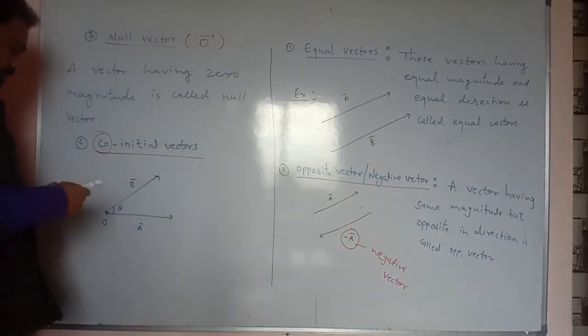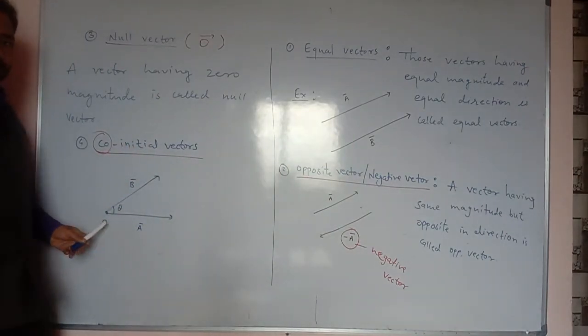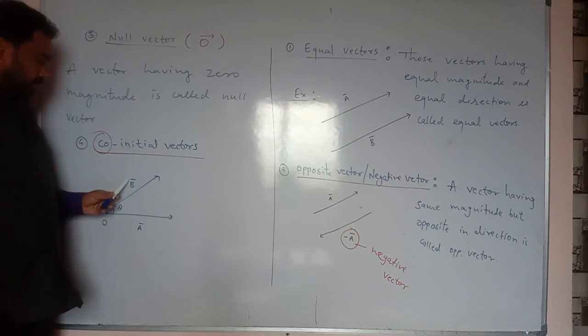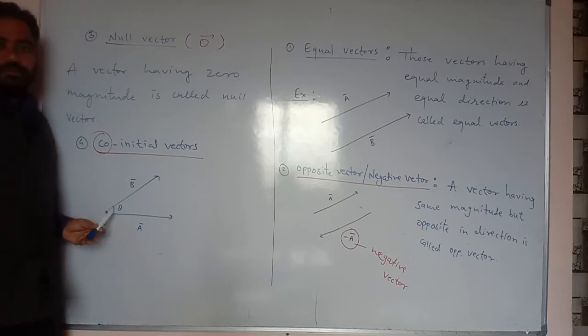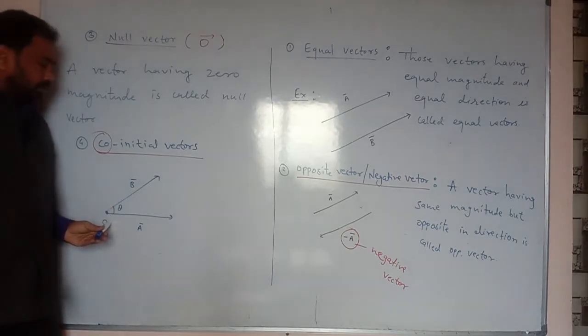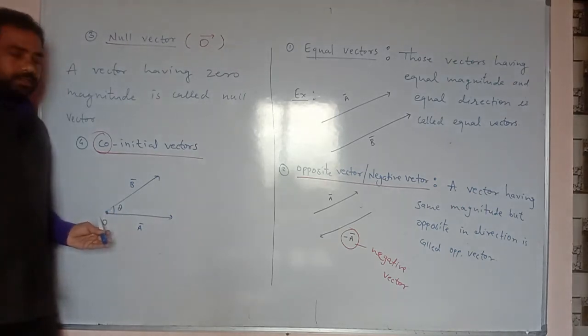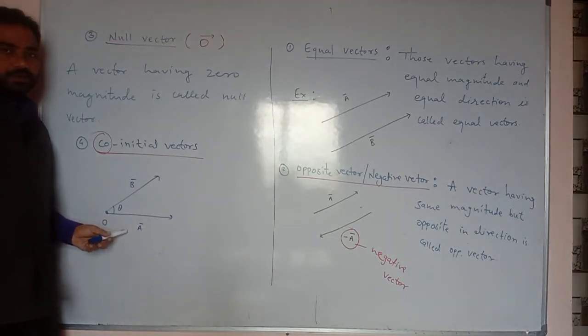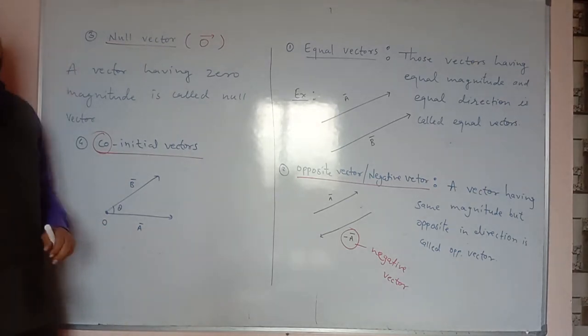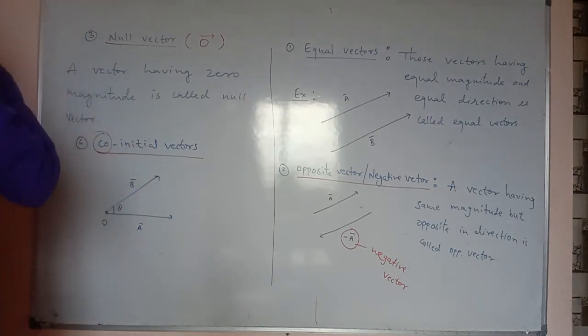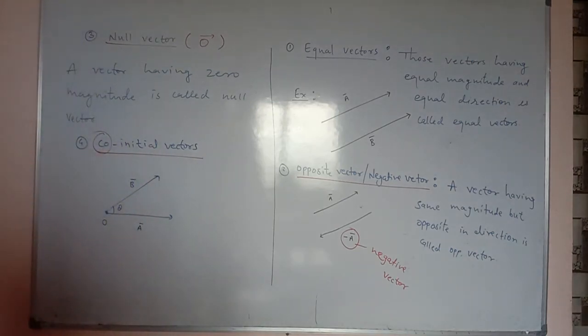Because vector A starts from point O. Similarly, vector B also starts from point O. So they start from the same point. That's why they are called co-initial vectors. Co-initial vectors means vectors having the same starting point.